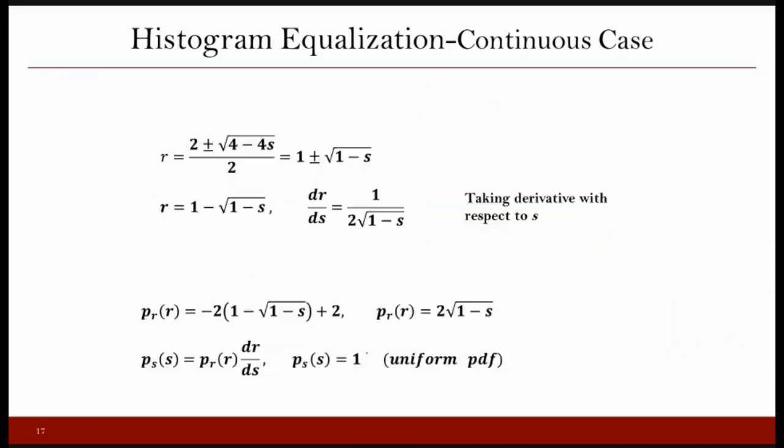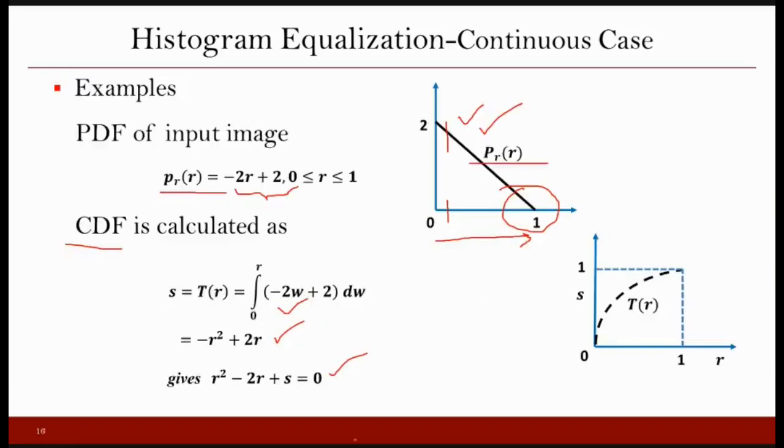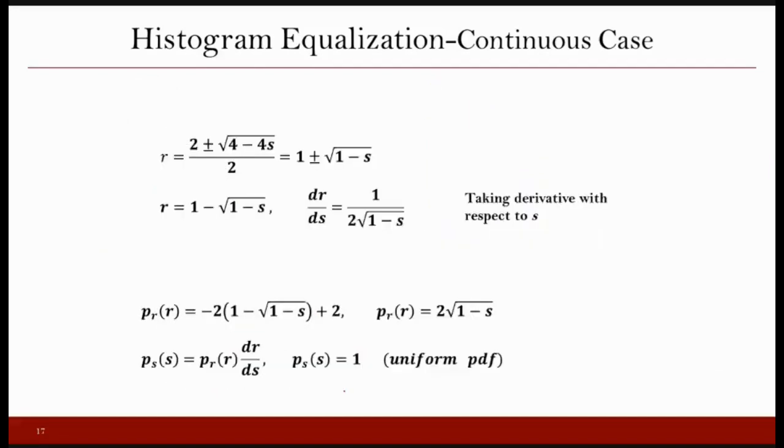It is a quadratic equation with two variables, R and S, so you can simplify it, keeping one variable on one side and the other variable on the other side. From that equation you can compute the value of R, which comes out to be this. And once you get R, you can compute dr by ds. Here this is the simplified R, and then you can compute dr by ds.